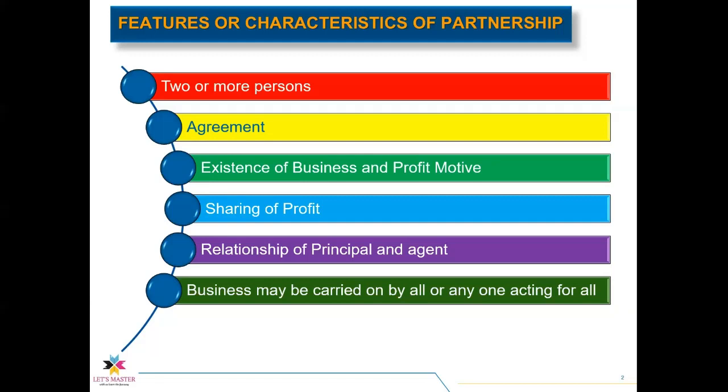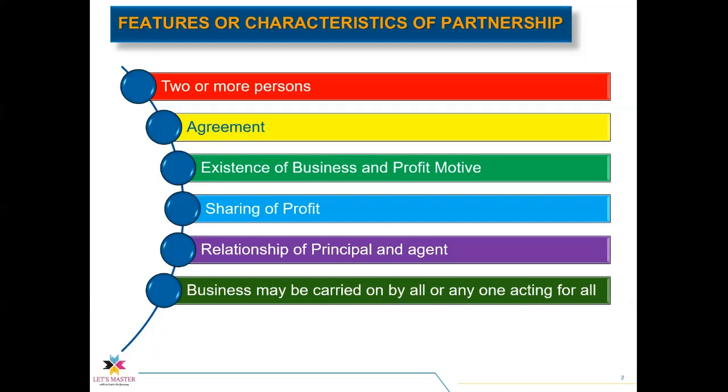So in such cases, as per the agreement, one partner may be acting on behalf of all the other partners. Whereas, as per the Indian Partnership Act of 1932, all the partners are authorized to take active participation in managing the day-to-day affairs of the business.